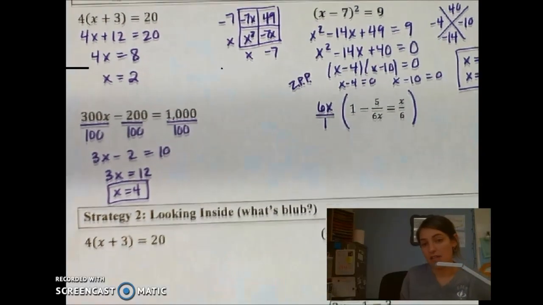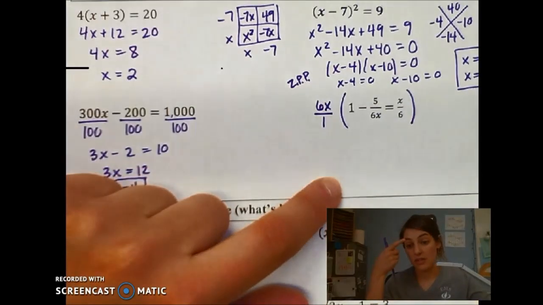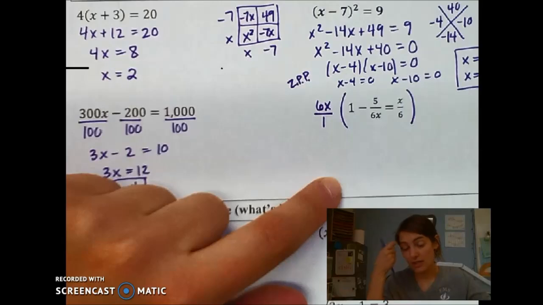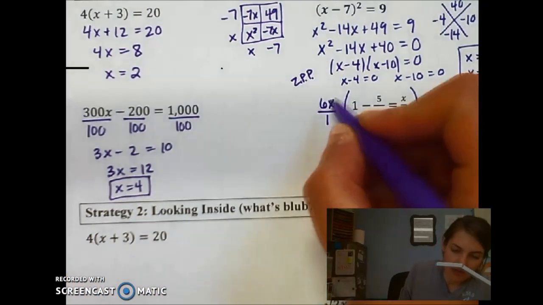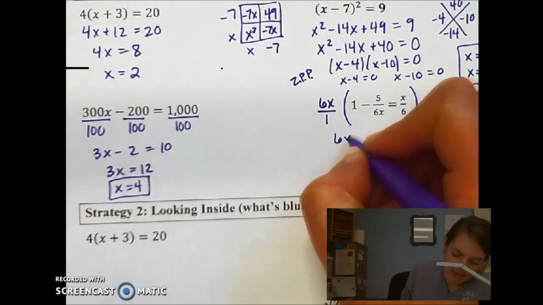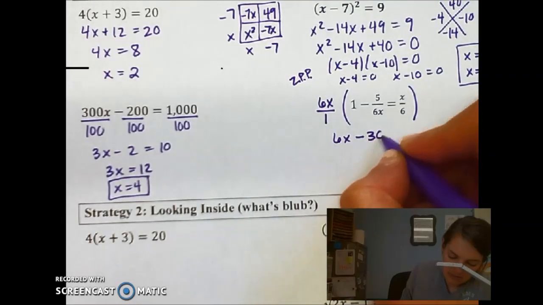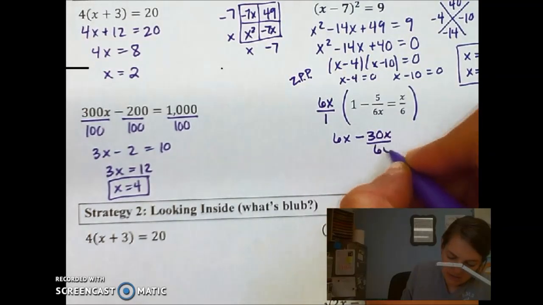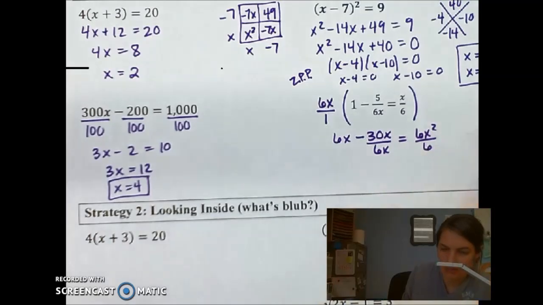So essentially, it's pretty easy to see why this is going to be a rewriting. At this point, the equation has fractions in it, but pretty soon we're going to get rid of the fractions, and that's our rewriting strategy. So 6x times 1 is 6x minus And that would be 30x over 6x equals 6x squared over 6.